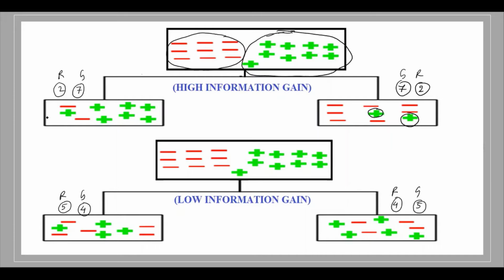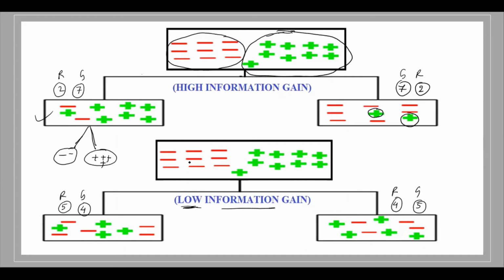If you see this one, though the work is not over, you will be happy knowing that most of the things are separated now, the green ones, and only 2 reds are there. Maybe next time we'll be able to decide this way. However, here you still have 5, 4, 5, 4. So here we have low information gain.